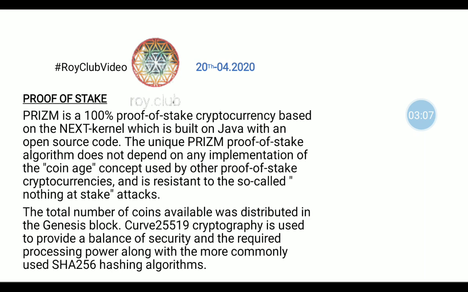Curve25519 cryptography is used to provide a balance of security and the required processing power, along with the more commonly used SHA-256 hashing algorithms. I know these are complicated words, and I wouldn't personally want to take you there, because you may not be able to understand that right now.